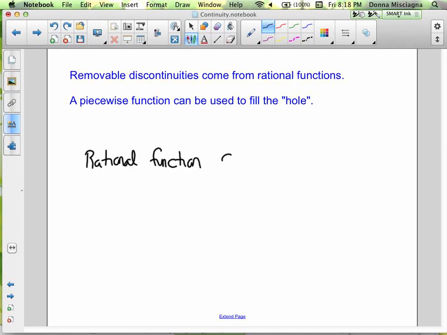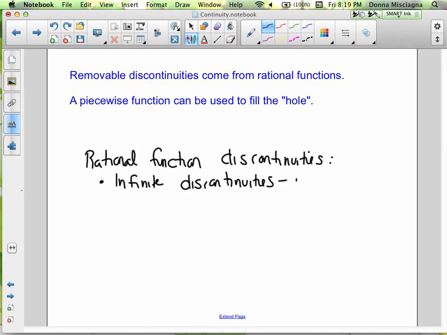Rational function discontinuities: we can have infinite discontinuities, and these are non-removable. If we have an infinite discontinuity, we're not doing a darn thing about it.